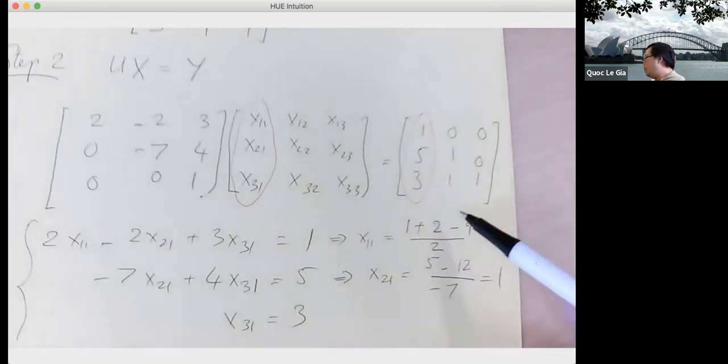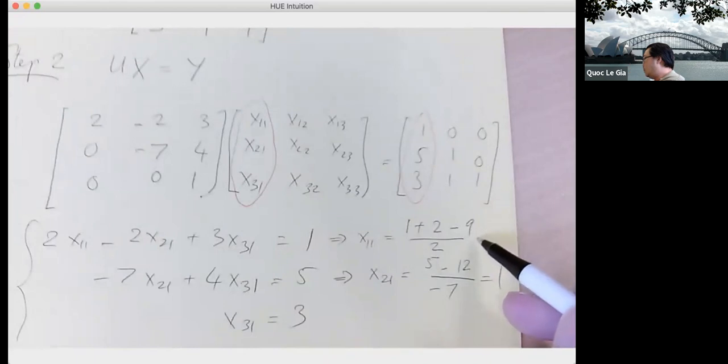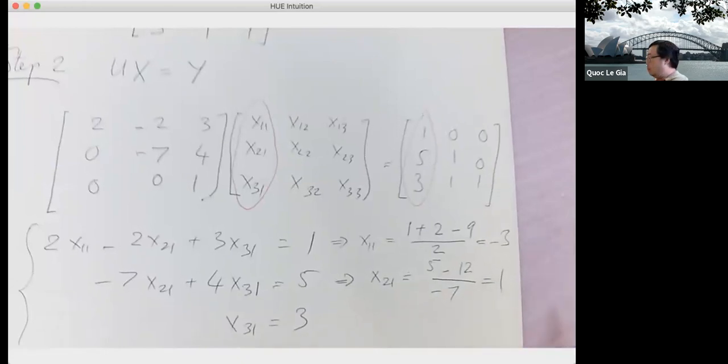So it becomes minus 6 divided by 2, which is minus 3. So what do I have for the first column of the matrix X?